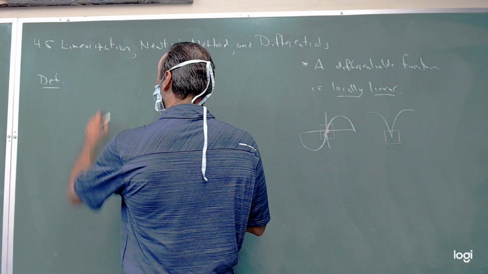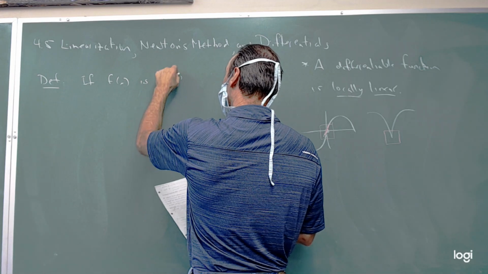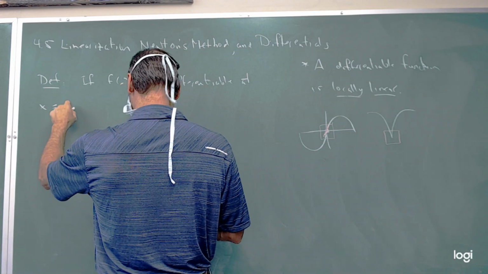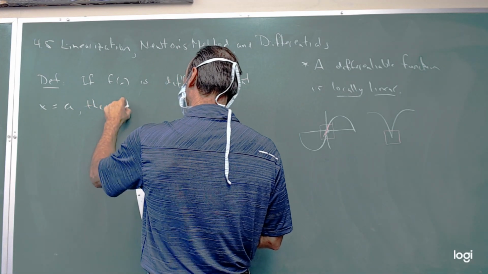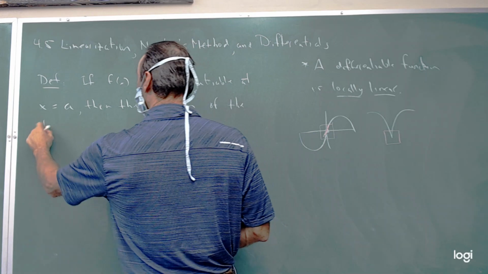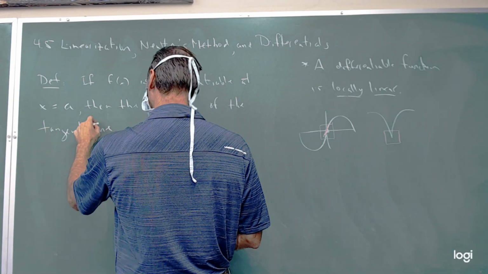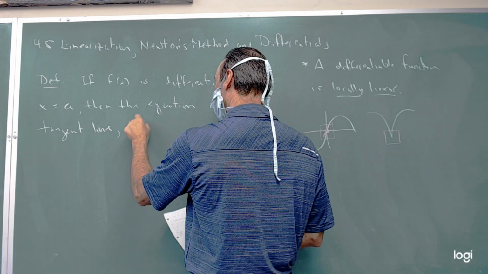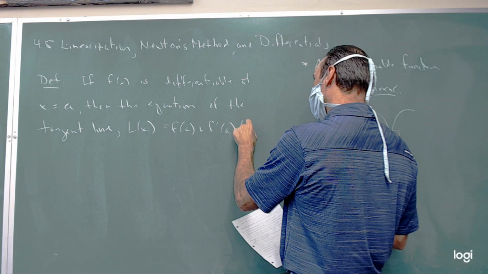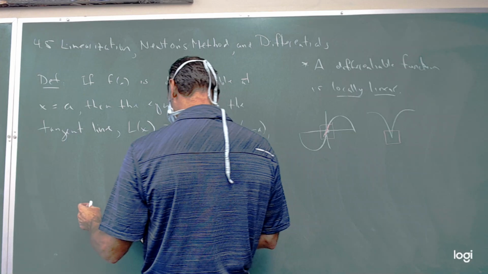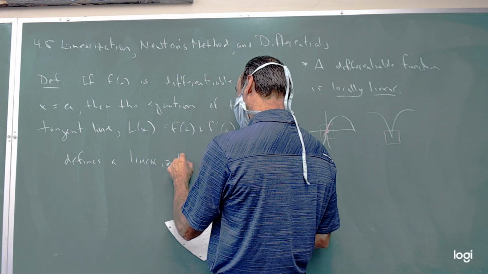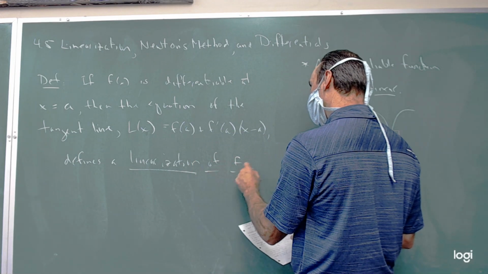That's what we're saying. So if f of x is differentiable at x equals a, then the equation of the tangent line, which is written, I think, in a confusing form, L of x equals f of a plus f prime of a times x minus a, defines what we will call a linearization of f at a.